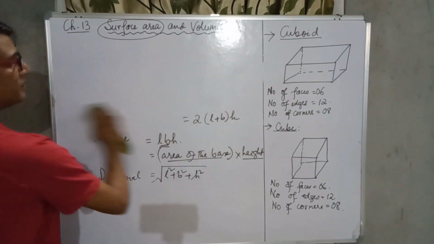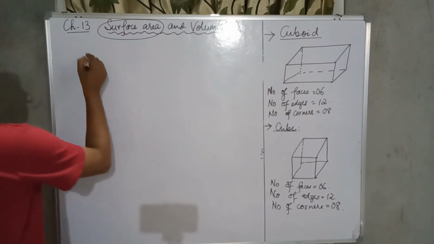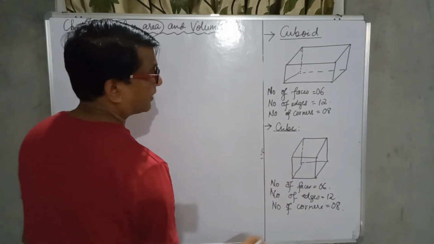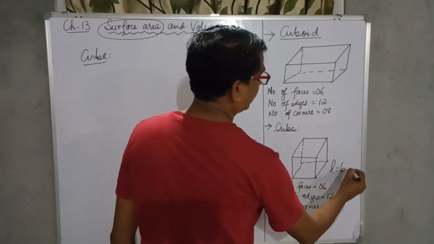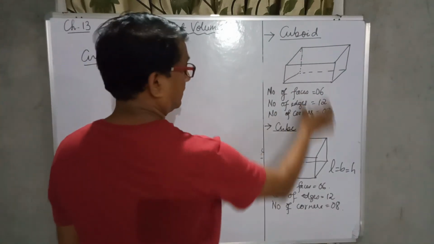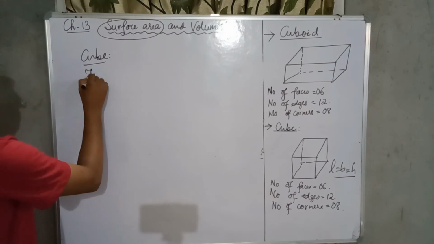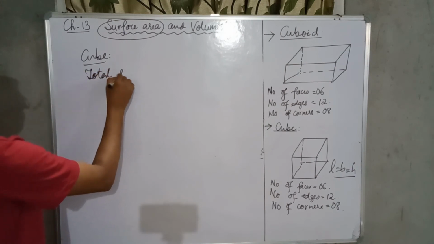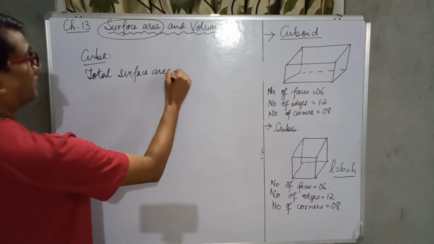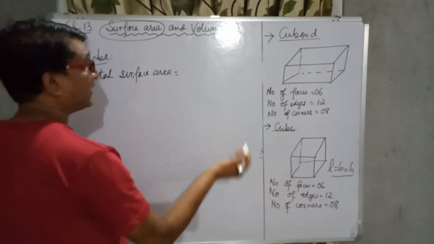Next, see the cube. In case of cube, L is equal to B is equal to H. All things are same, length, breadth and height. So total surface area, same formula, but here you have to take all as length.